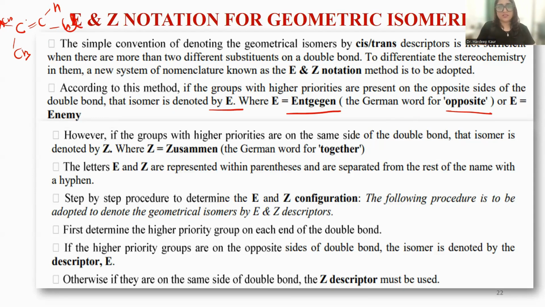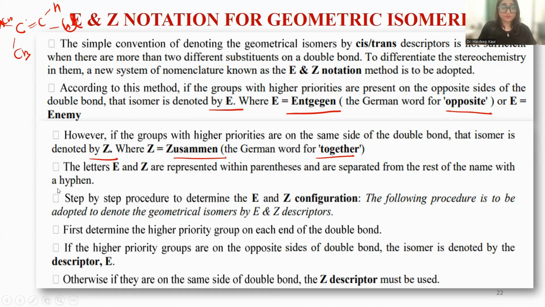If different groups are attached, then we require this system. But if the groups of higher priorities are on the same side, the double bond isomer is denoted by Z, from zusammen, meaning together. So E and Z represent the isomers within the molecules with different names.